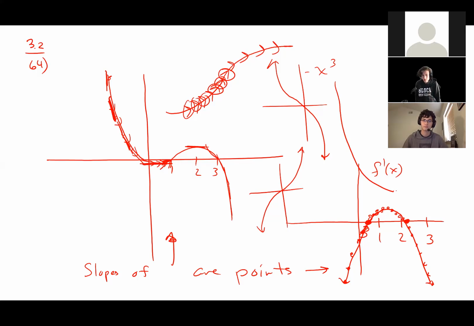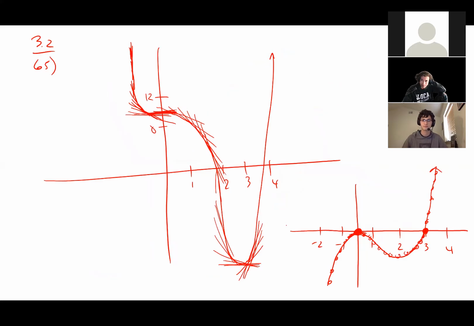And notice what happens with the derivative. That looks like a negation of an x squared, a square function, right? And notice when we've been doing derivatives, if we take the derivative of negative x cubed, it's going to become a negative 3x squared, right? So that makes sense, the powers always go down by 1. All right. So on 65, this guy, notice that there's almost like 2 bumps here.